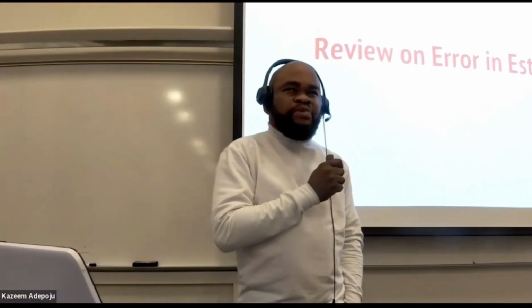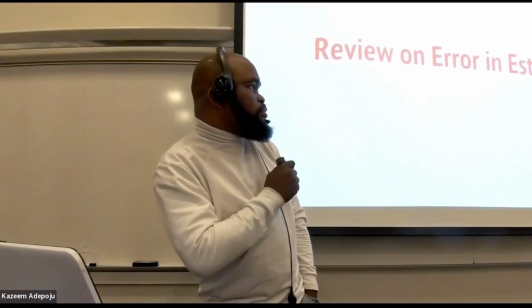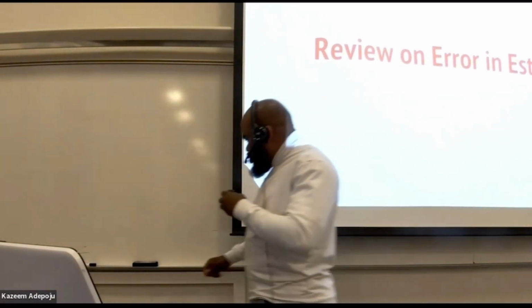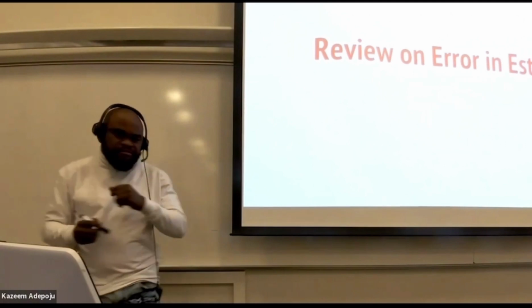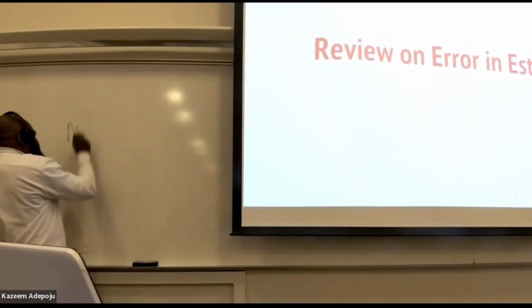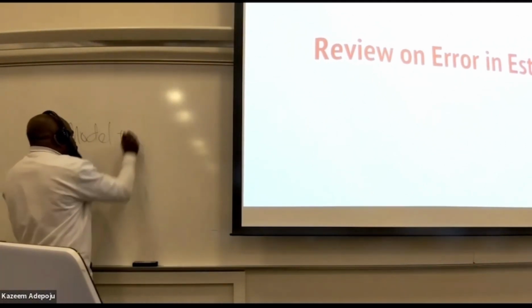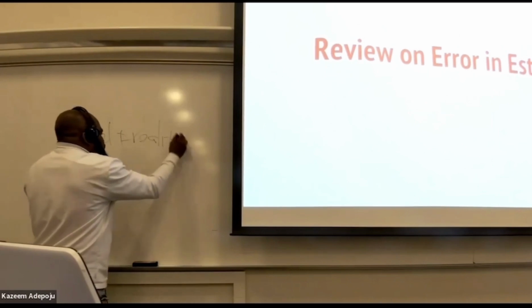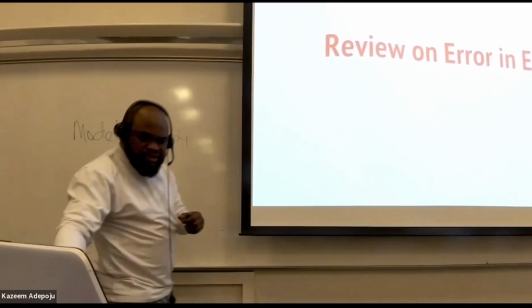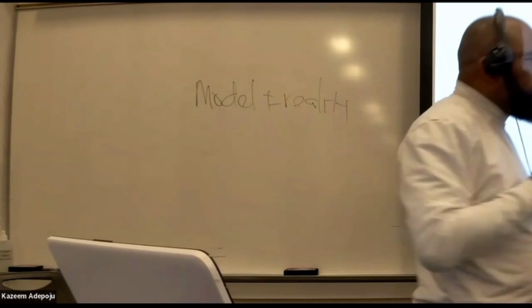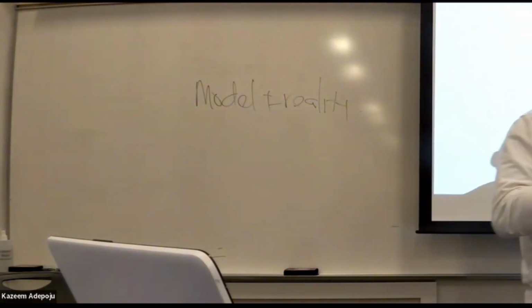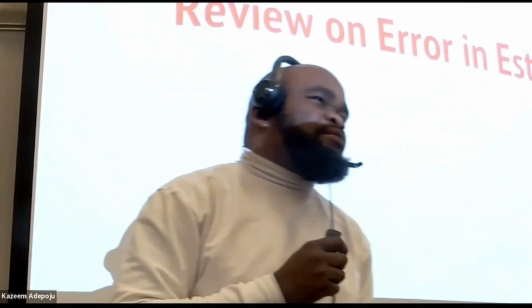That is not surprising, because I told you from day one, a model is not the same as reality. Now, if a model cannot be the same as reality, we don't expect our estimator to be the same as the parameter.